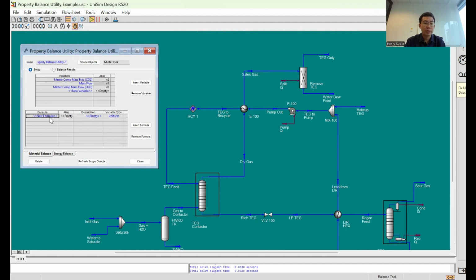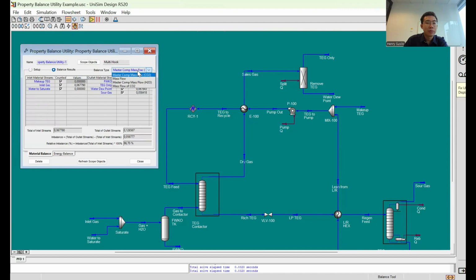So I will put here V1 times V2. And I will describe this as mass flow of CO2 with the variable type of mass flow. In the balance result, we could see mass flow of CO2 here, and we will get the result.